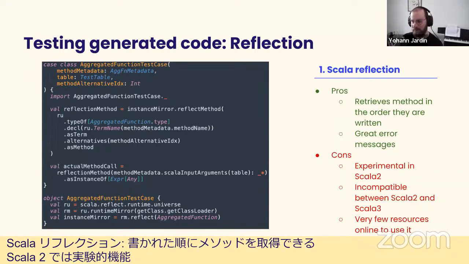So it works very well in Scala because the methods that are retrieved are in order. So if I want to differentiate my two counts, because I have the full control on what is generated, I can say the one without parameter is always first, and the one with one parameter is always second. So I just need to provide the index here. Also, at first, we didn't face this issue about having to choose alternatives.